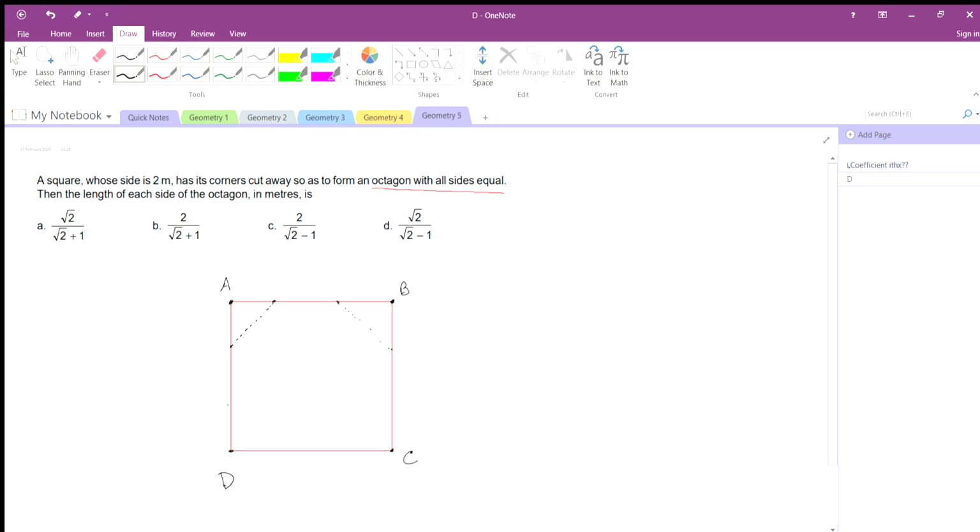Corner D will be removed. And then corner C will also be removed. Now you can see this is an octagon. See, P, Q, R, S, T, U, V and W. These are the vertices of the octagon.